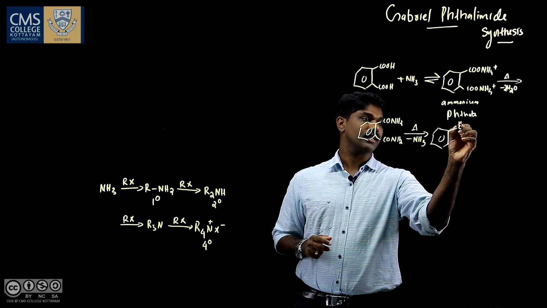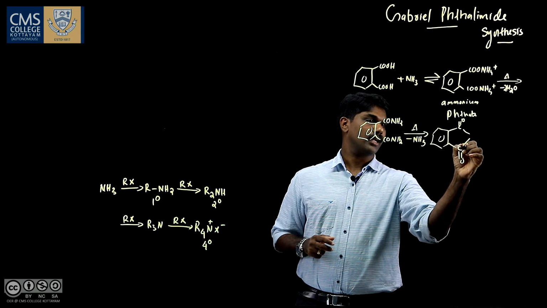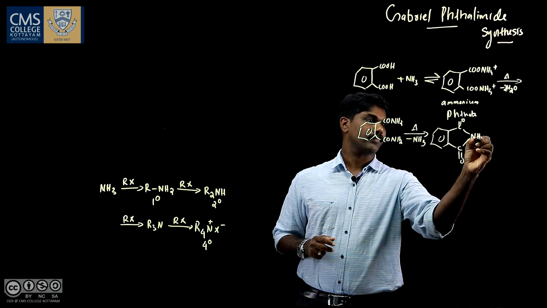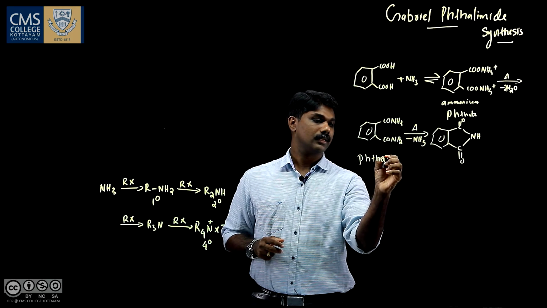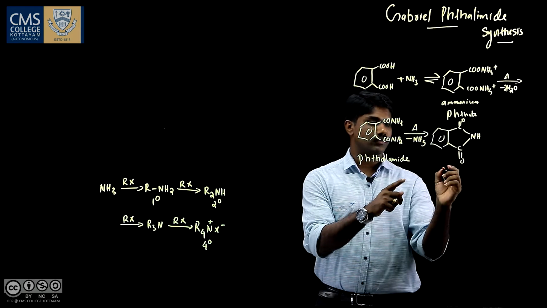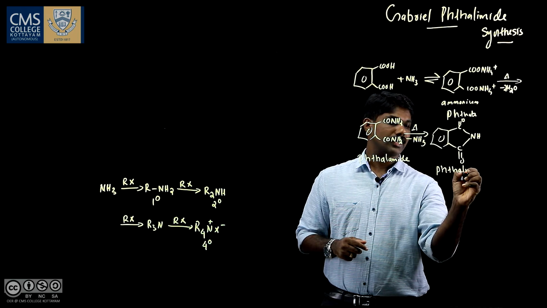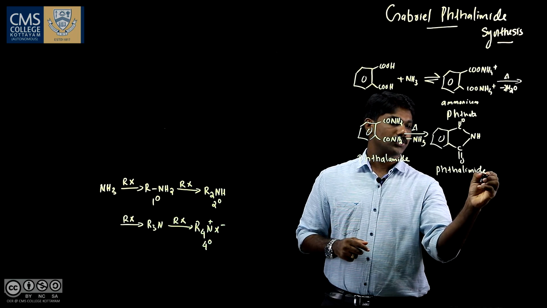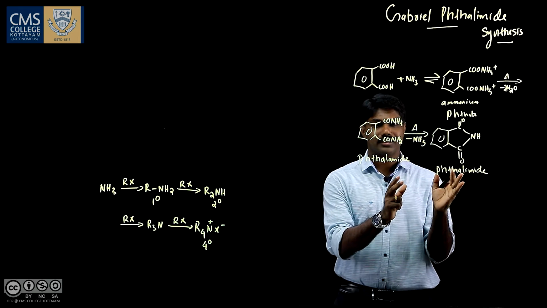C double bond O, and here you have an NH. This is called phthalimide. So this is the starting material.